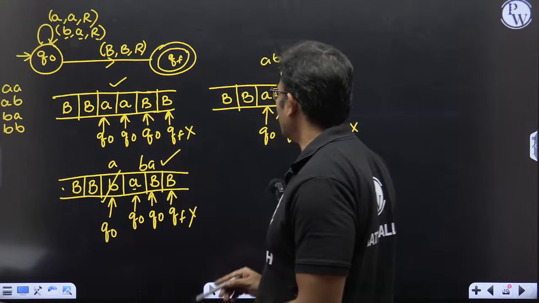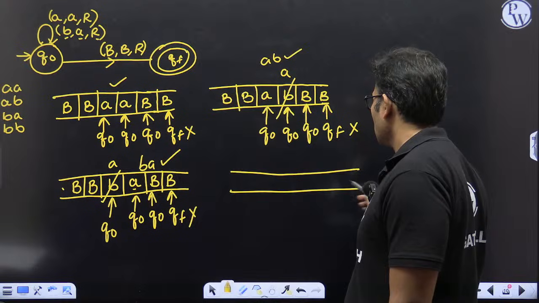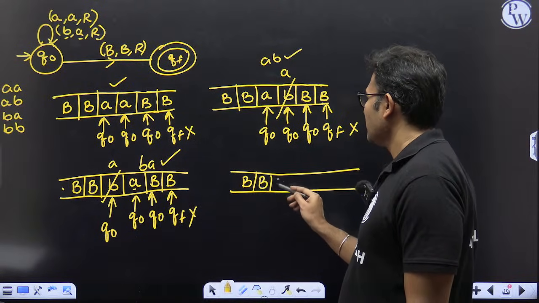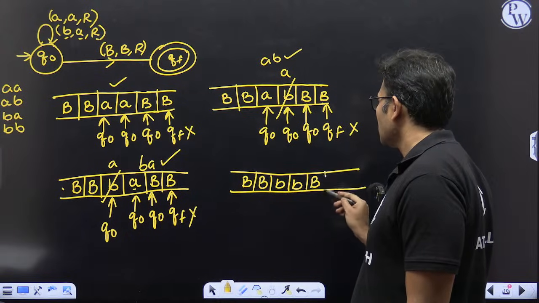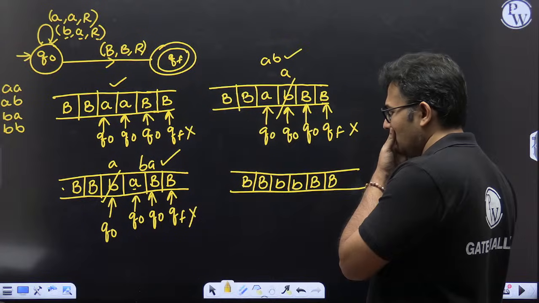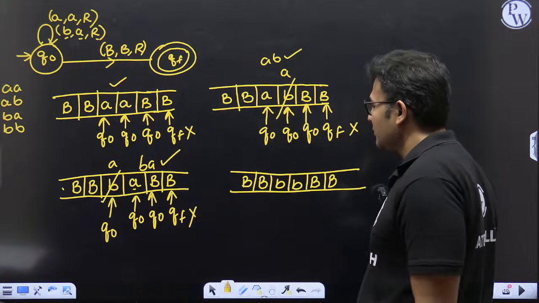Check for BB. Okay. So the tape is blank blank B B blank blank. Right?